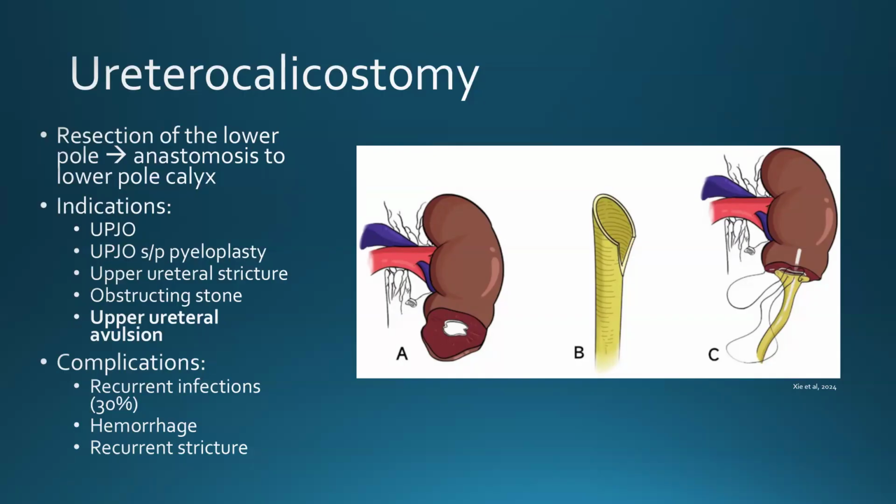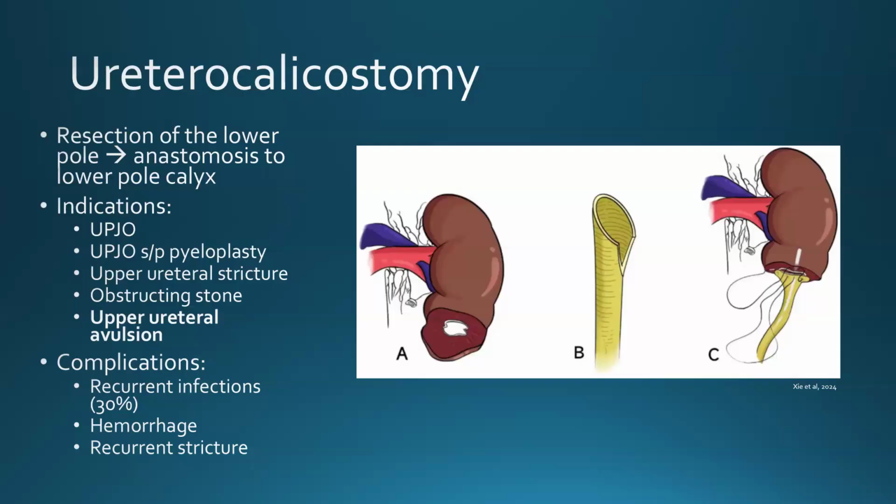Not surprisingly, there are complications that can arise from this. Recurrent infections occur in up to 30% of patients, as well as hemorrhage. Hemostasis is going to be a big part of doing this operation. Because this operation is often done in patients who are obstructed, the literature describes a lot of patients who have a thin renal parenchyma.